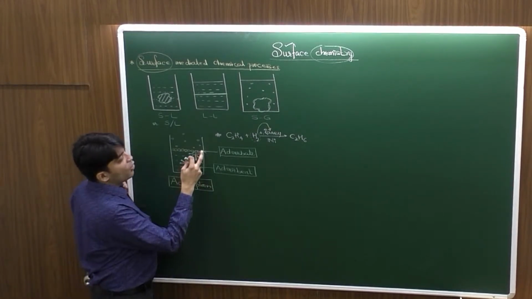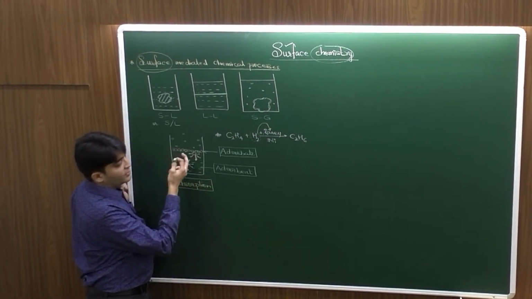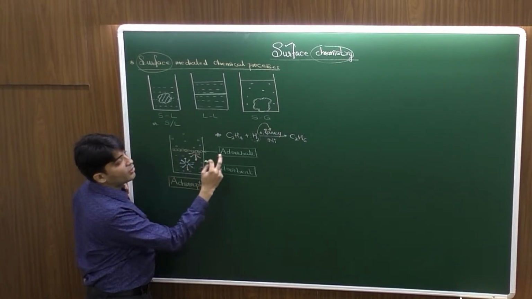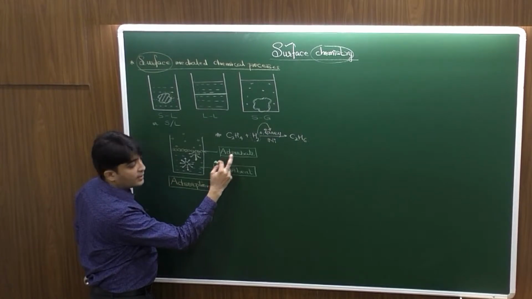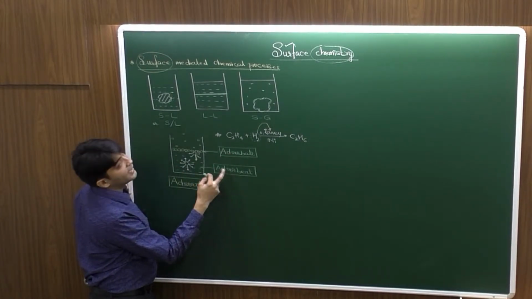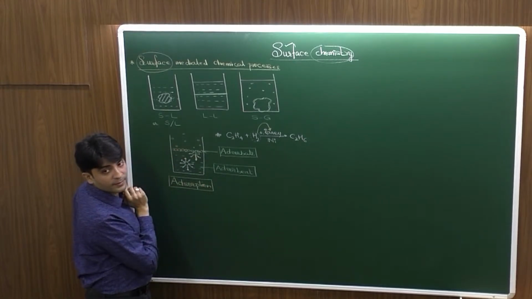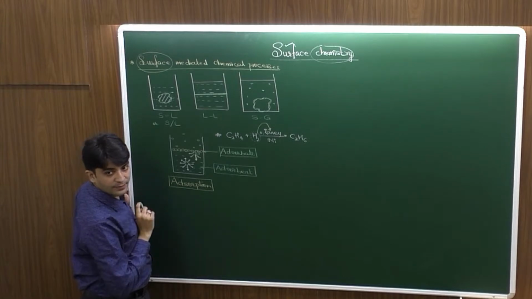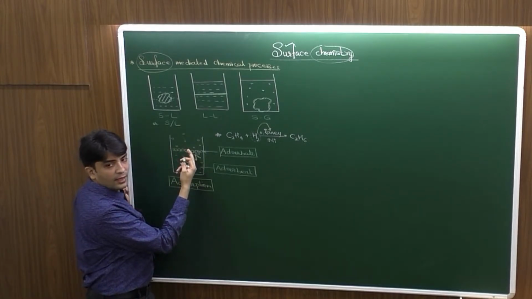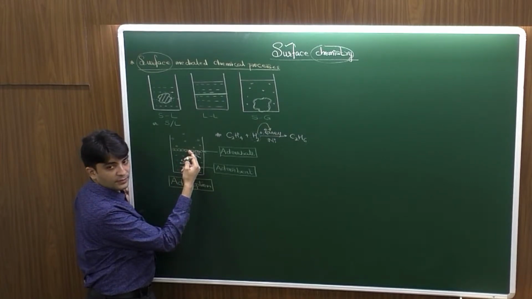So let's say these are oxygen gas molecules which are adsorbing in a particular liquid. Then the gas will be called the adsorbate and the liquid surface will be called the adsorbent, and the type of adsorption will be written as liquid gas, L-G. Clear? I have not mentioned it here, but this will be an example of liquid and gas adsorption.